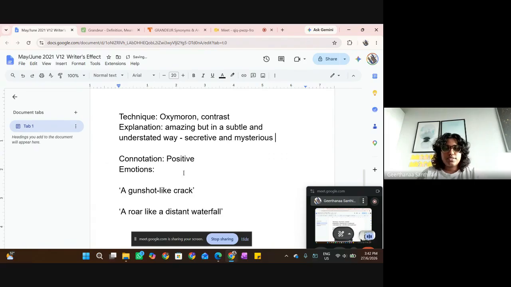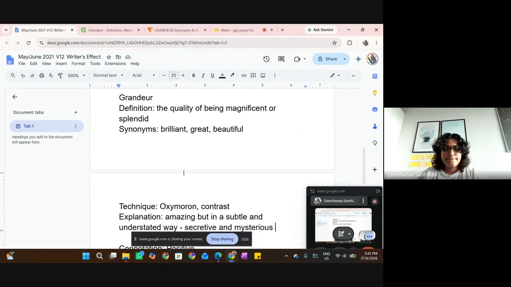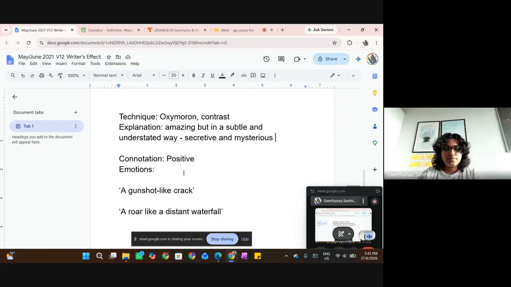So emotions. Look at all our words. Brilliant, beautiful, muted, quiet. I think there's a moment where you have to catch your breath and you're like, wow. So I think, and again, try to use words as specific as possible, right? So I don't want to just say happy.